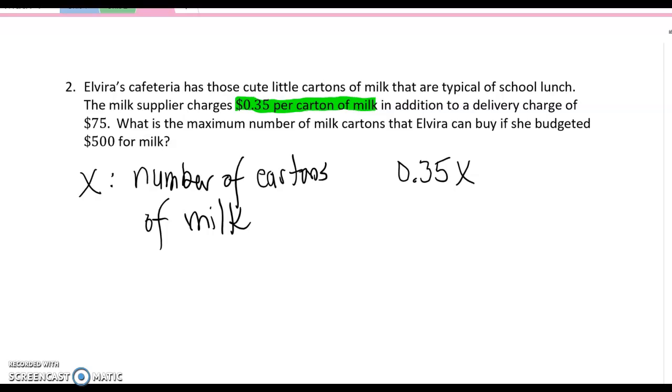So 0.35 per carton of milk is 0.35 times x. But we also see there is a delivery charge of $75. In addition, there is a delivery charge, so we need to add that to our milk order. We're adding $75 to our expression.